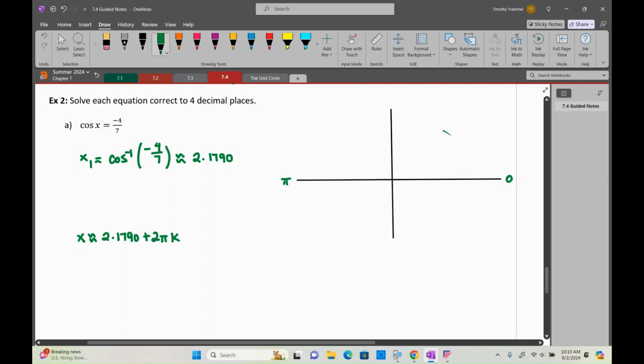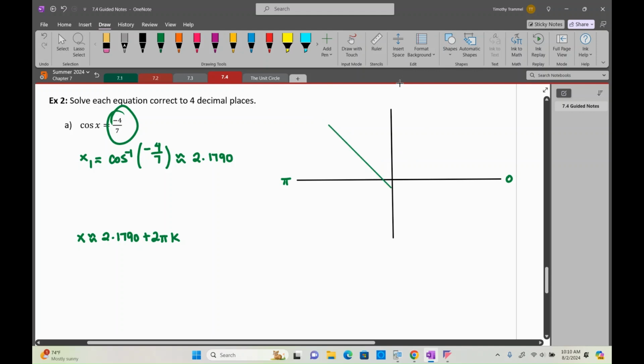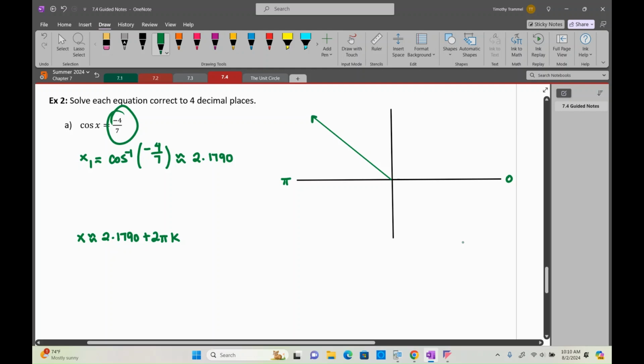And cosine is positive in this quadrant and negative in this one. So since cosine's negative here, we know that we're going to wind up over here in the second quadrant. So here's our angle. I'm going to place a unit circle on this, but this would be our x1.